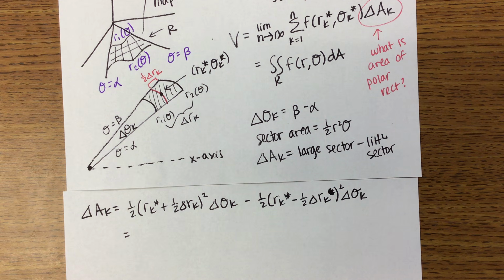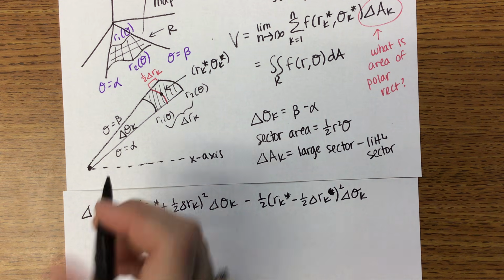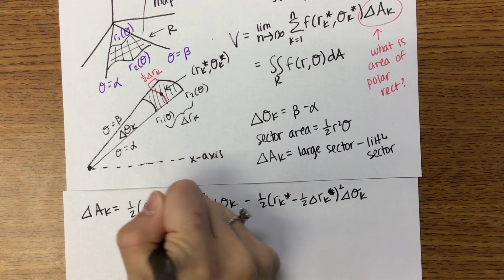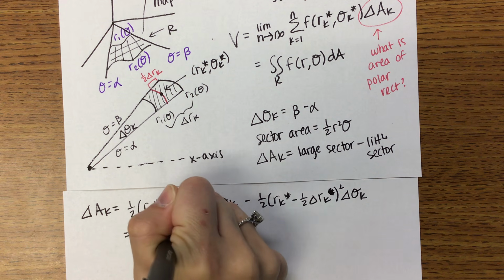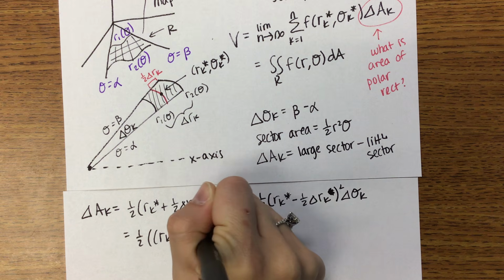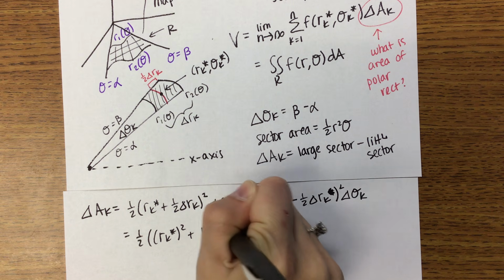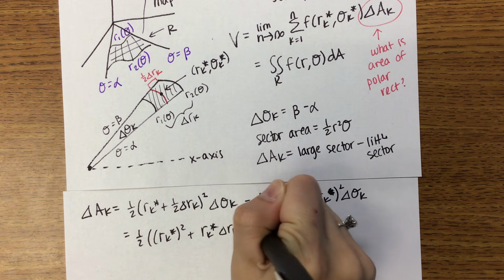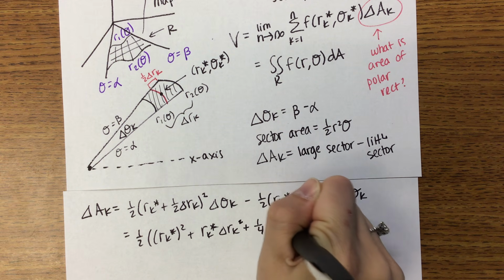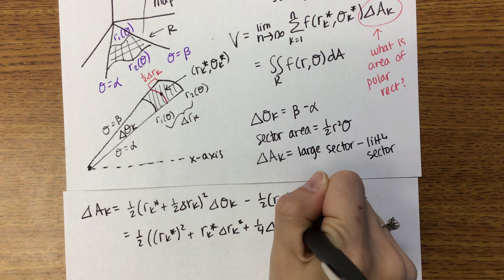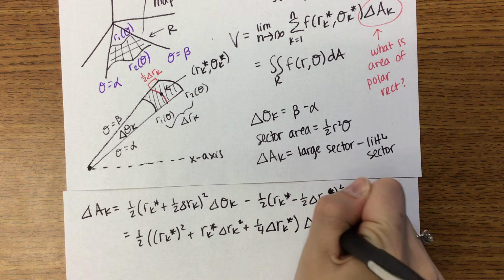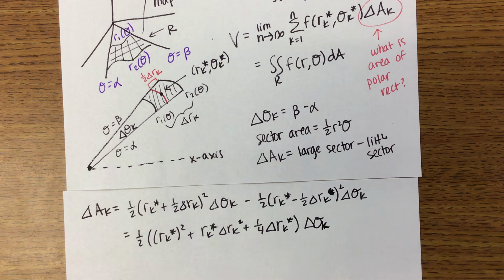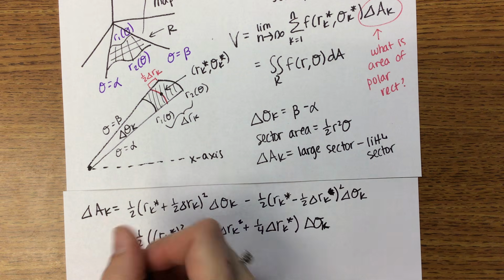You ready to do some squaring? Here's what we get. 1/2 times R of k star squared plus R of k star delta R of k plus 1/4 delta R of k star delta theta of k. There's more.